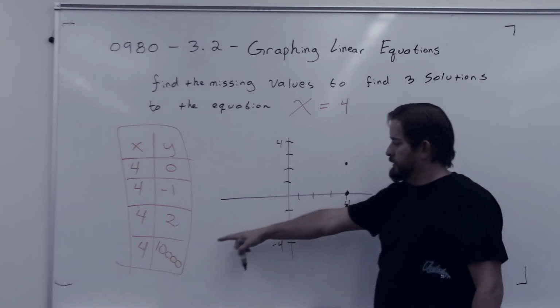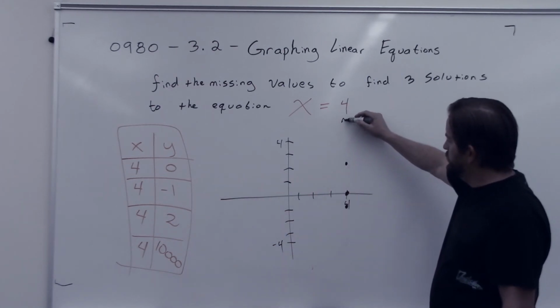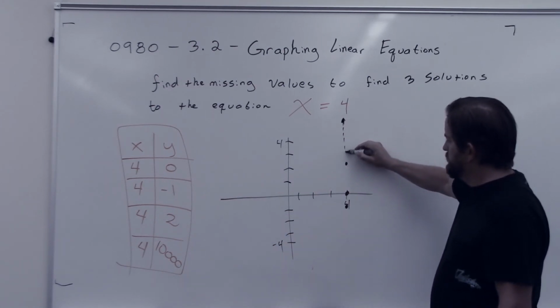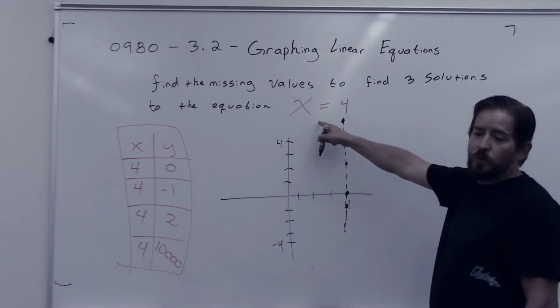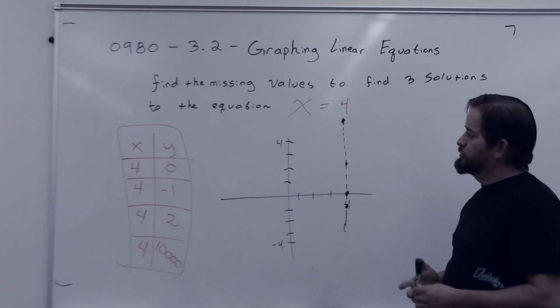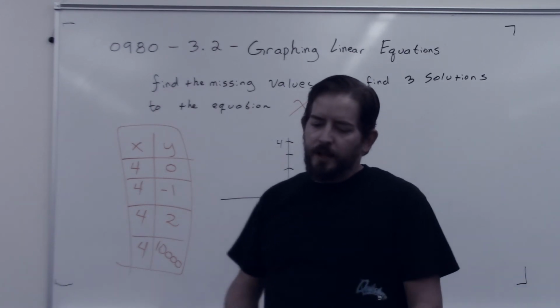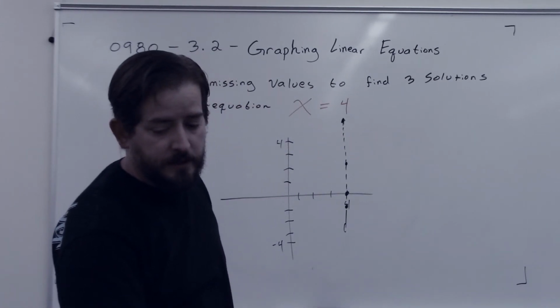If my y value is 10,000, still 4, that's way up there, but it's still in this line right there. And so if my equation does not depend on y, I get a vertical line out of that. Those are our two little oddballs. If you don't have the dependence on both of those variables, you get something that looks like that.